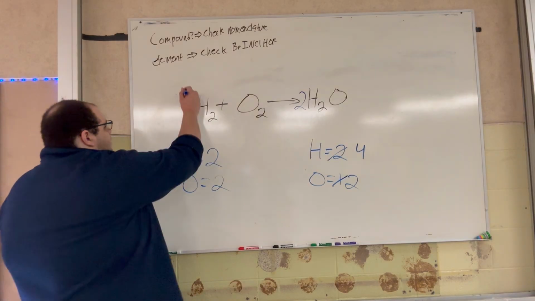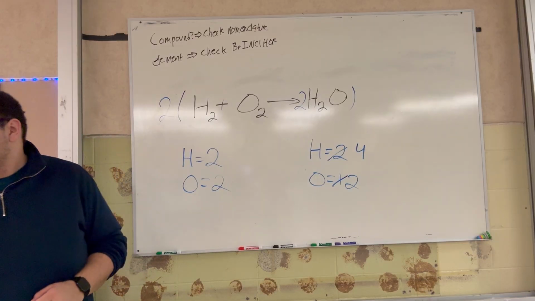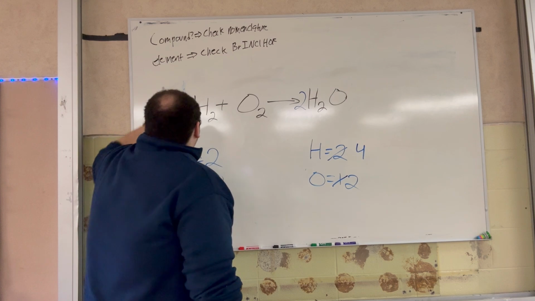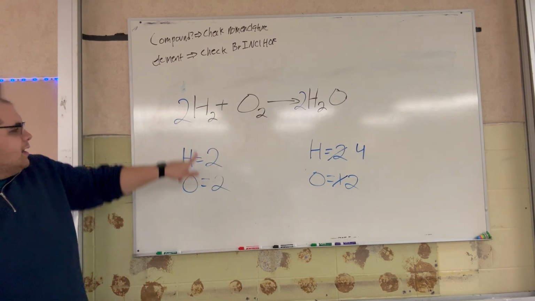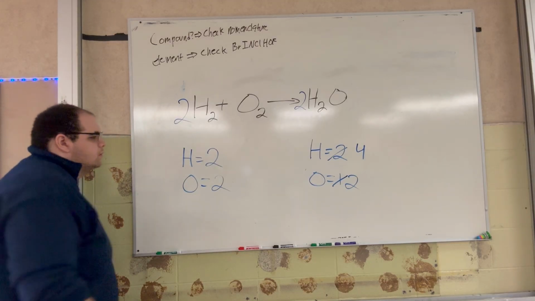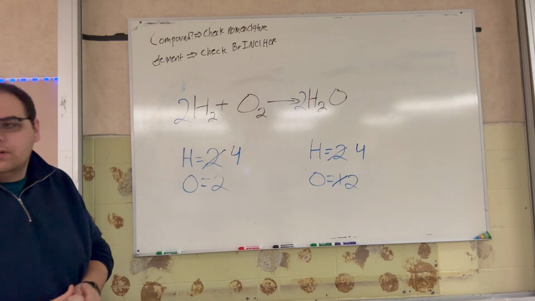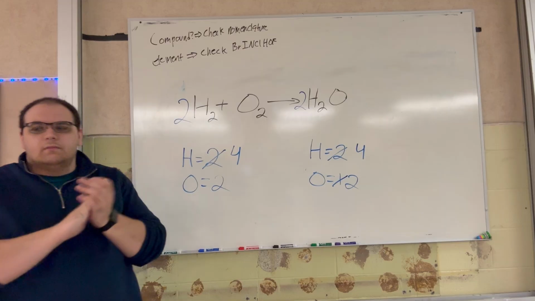Multiply it by 2 like this? No! Be specific here, people. Just do the hydrogens by 2. Just this guy. Hey, when I add a 2 here, how many hydrogens do I have now? 4. Are we balanced? Yes.